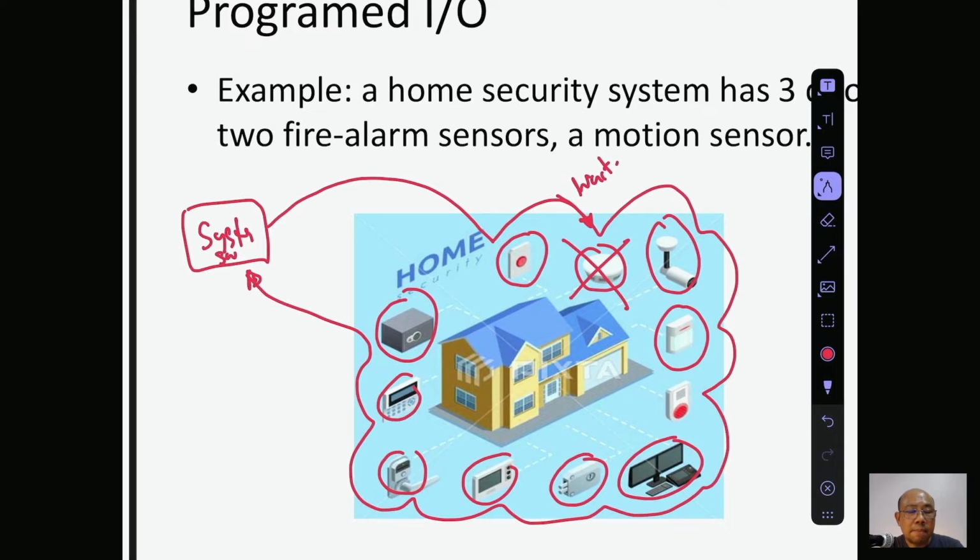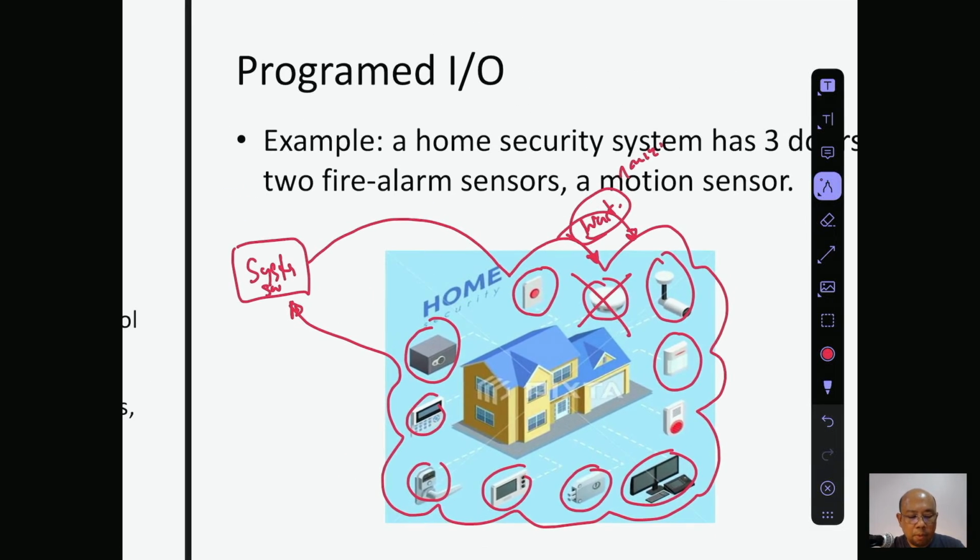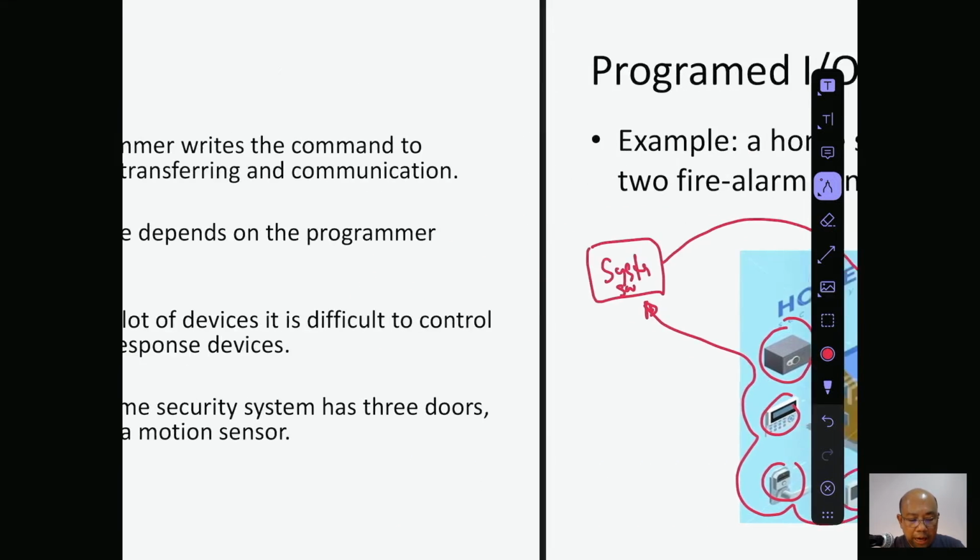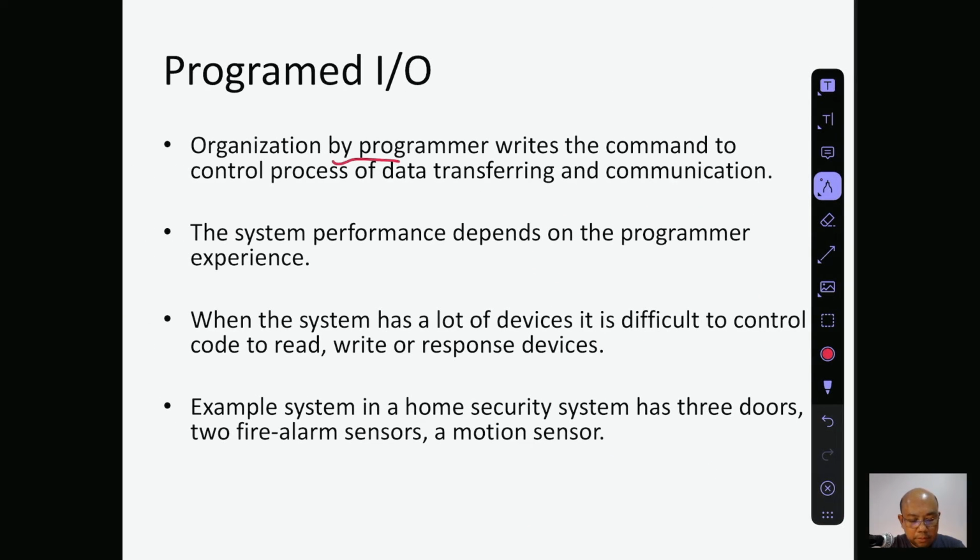Some programmers write the code to skip: when the smoke detector does not respond for about 1 minute, the system will skip it and read the next device. So an experienced programmer writes code that checks and skips in the system. This is what we call programmed I/O, which is organized by the programmers.